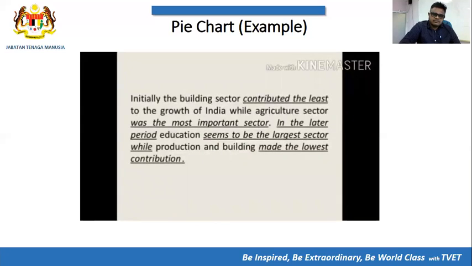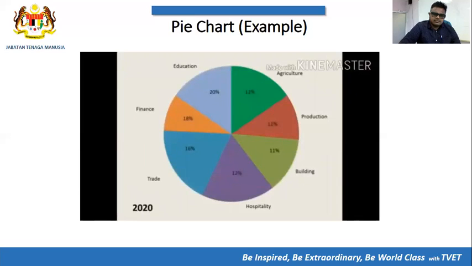And the second point is, in the later period, education seems to be the largest sector. What was the largest sector, dear students, in 2020? That was the education sector, so you need to mention that. And what was the lowest contribution? The lowest contribution in the year 2020 was production and building.